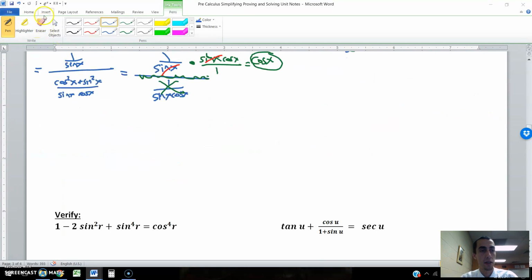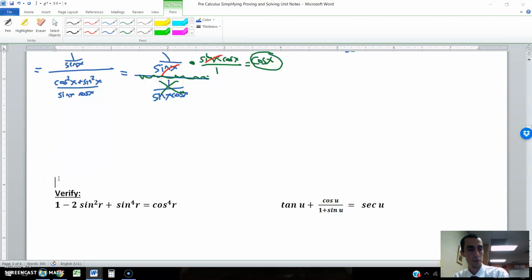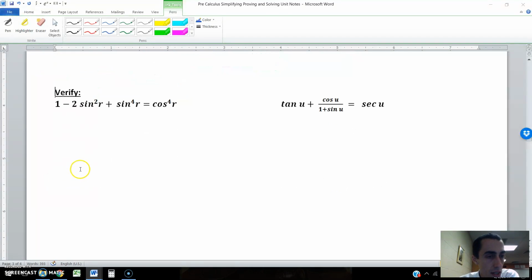Now, verify these. Remember, verify. So the word verify, I believe, comes from an old French word, which I don't know how to pronounce. It has Latin roots. The VER is related to words like veritas, which means truth, and vere, which I believe means truly or true.